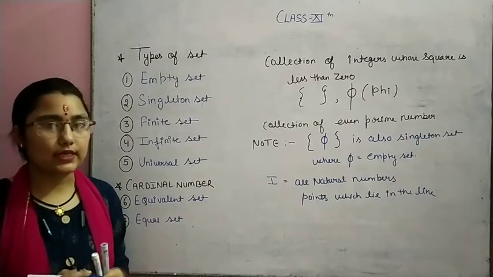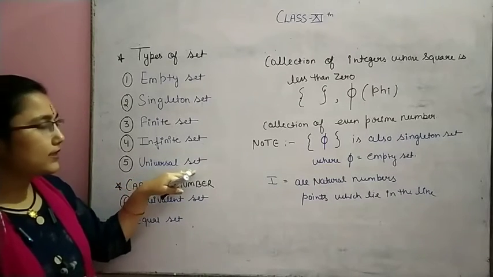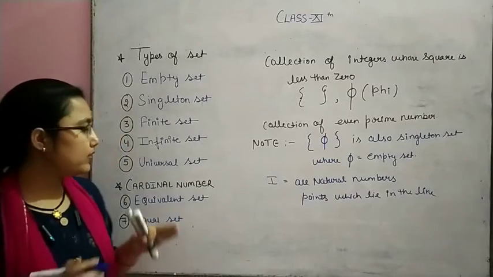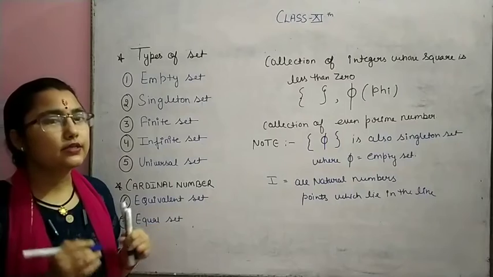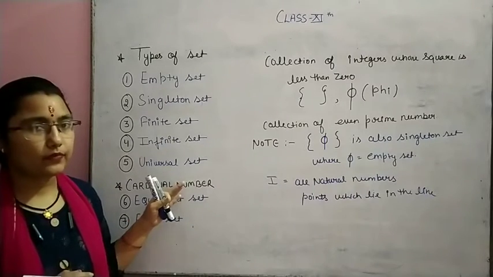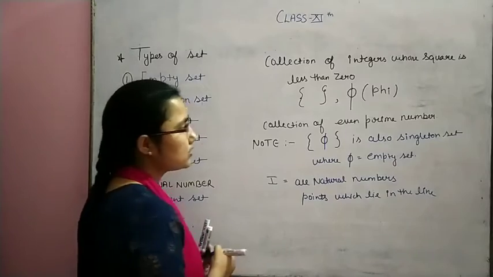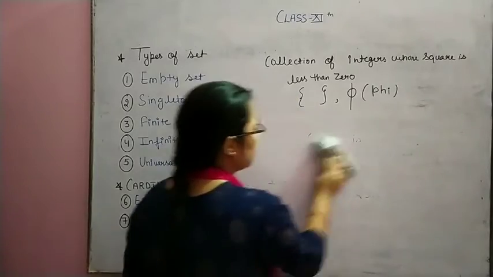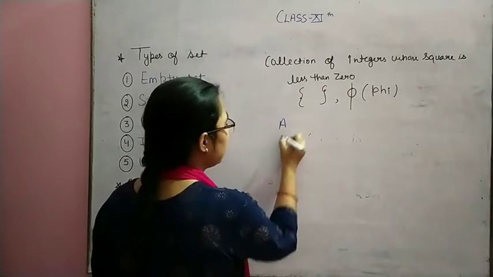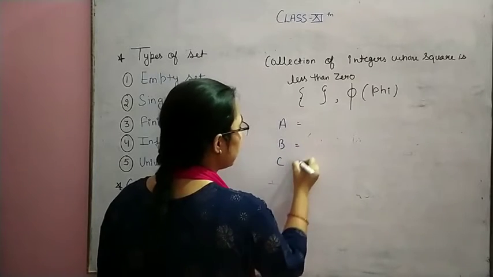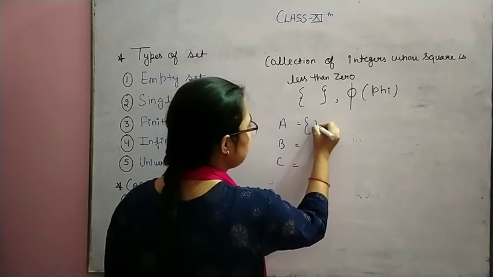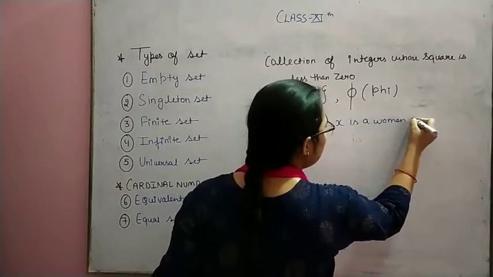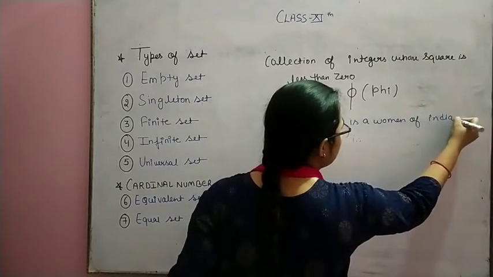Now universal set. A set is called a universal set if every set under discussion lies within it. For example, suppose we have 3 sets A, B, C. A is the set of X such that X is a woman of India.